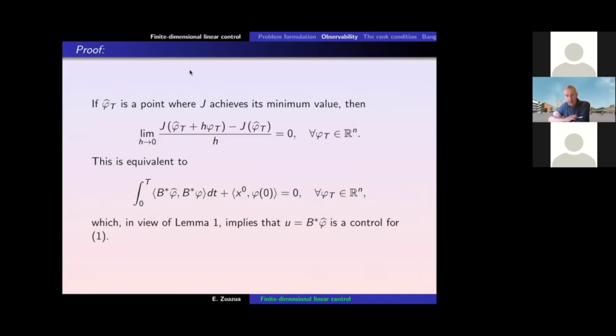And now you say, okay, how do I compare this with the equation I had for characterizing the control?